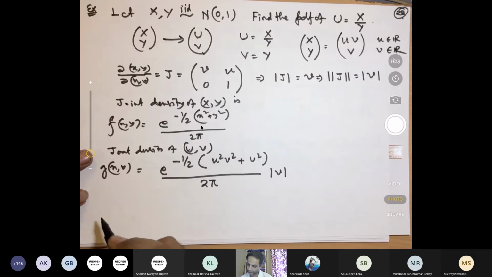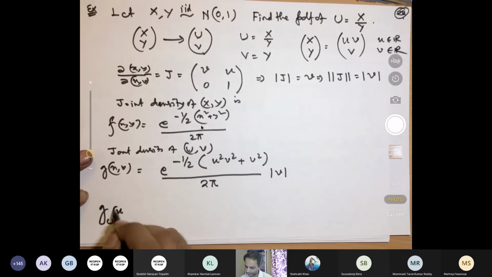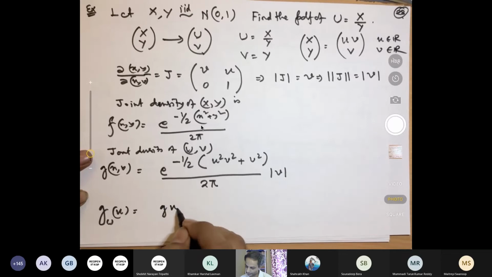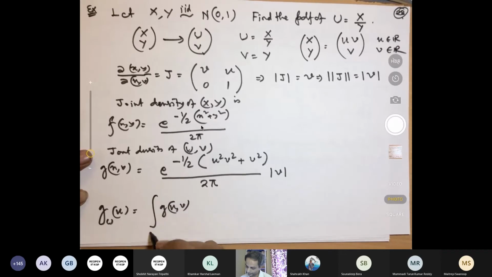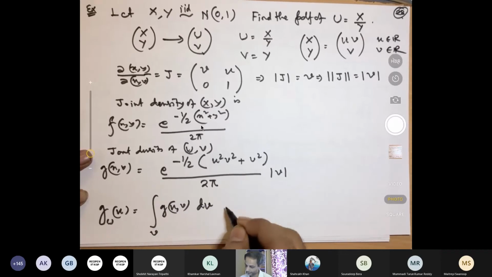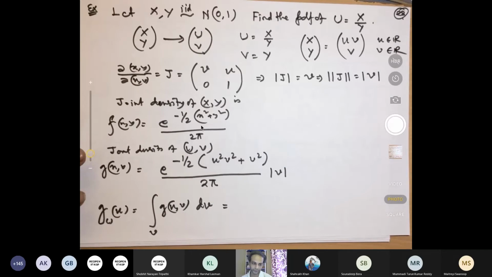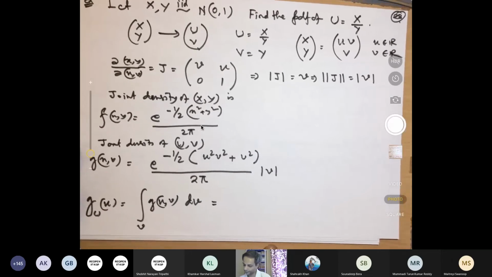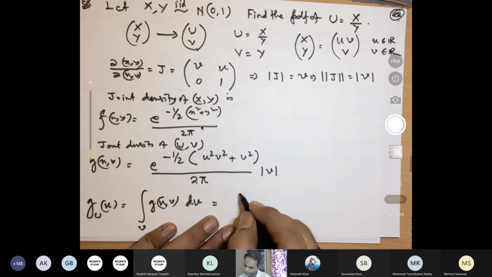Now if you want to get the marginal of u, g(u) is the integral of g(u,v) over v dv. That is what you need to do. But I hope this is a trivial job for you.